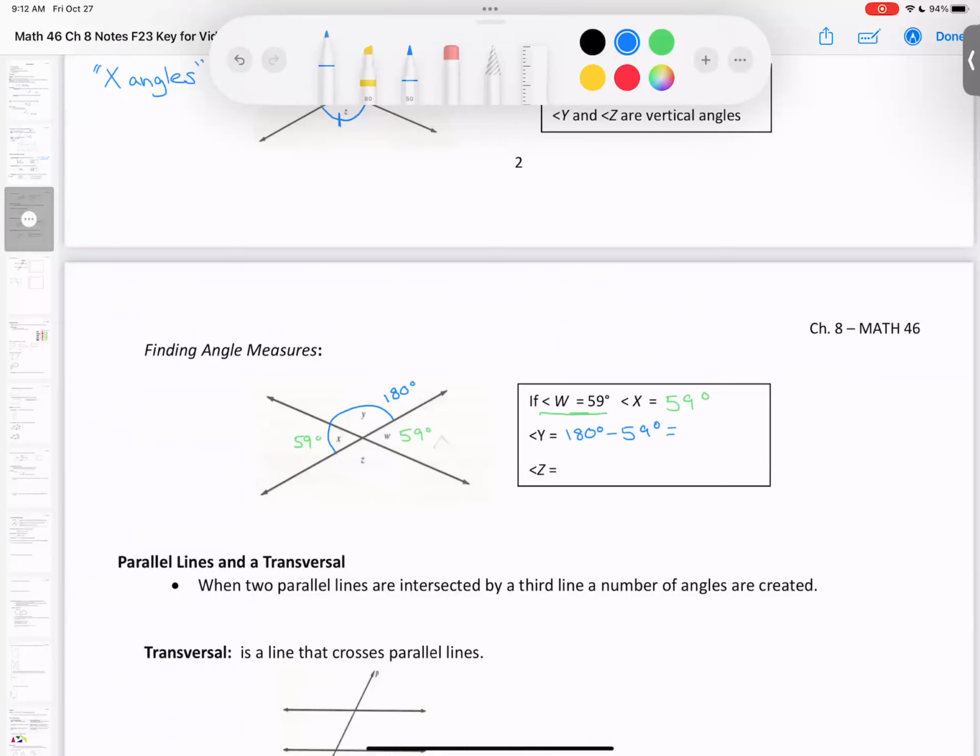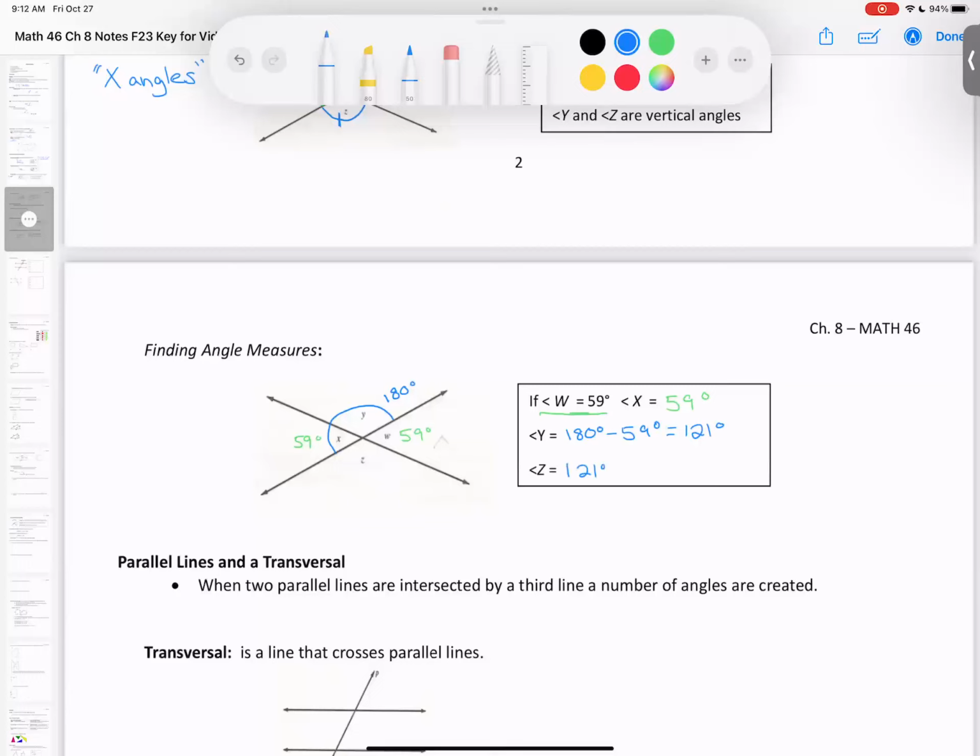And so what does that give us? That gives us 121 degrees. You can use similar logic to find angle Z, or you can say, I found angle Y was 121 degrees, and it's vertical to angle Z, so therefore angle Z is also 121 degrees.